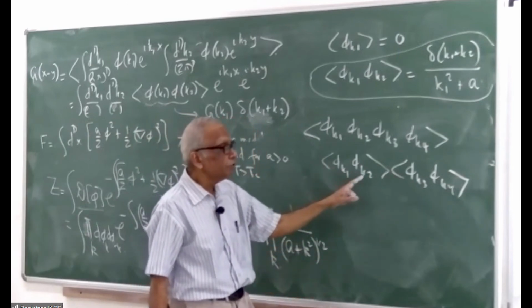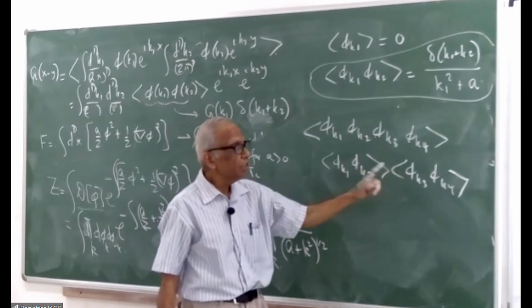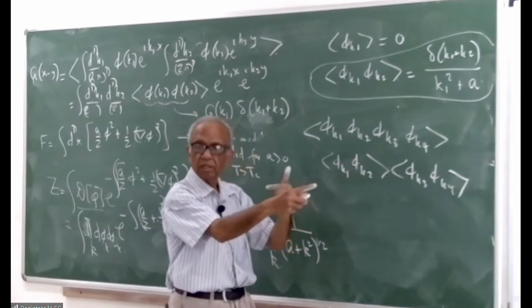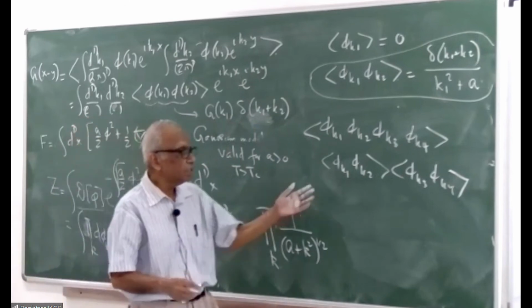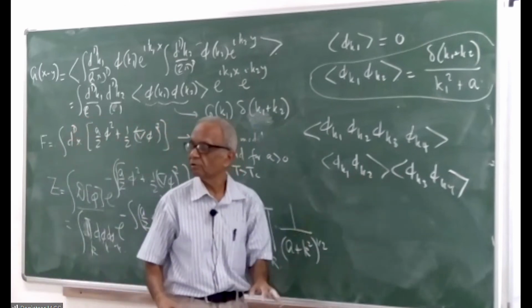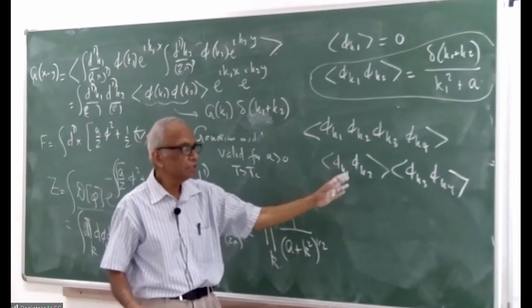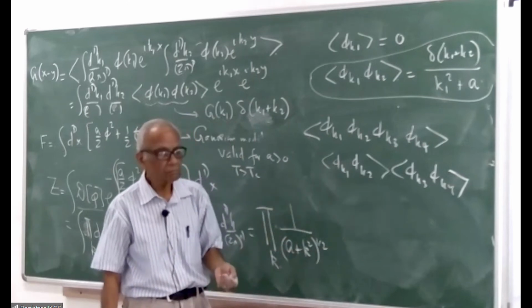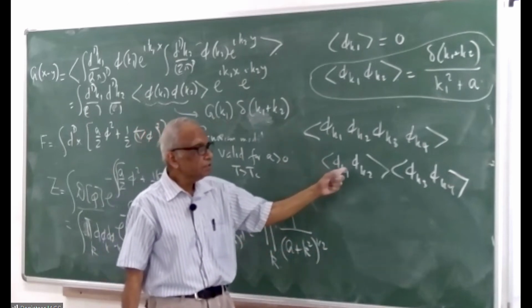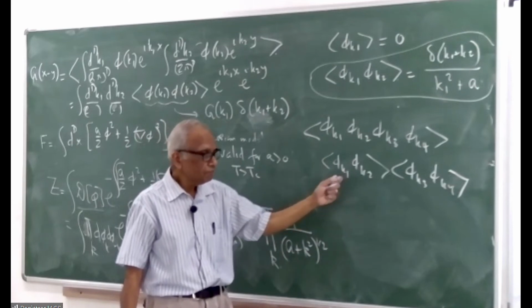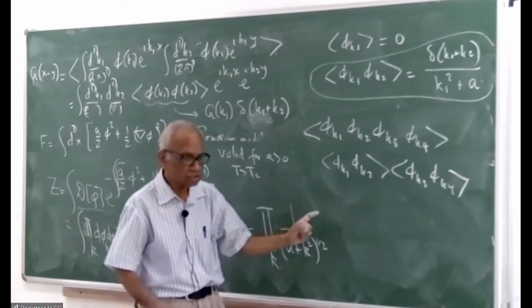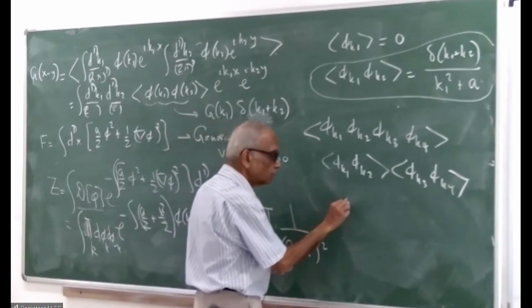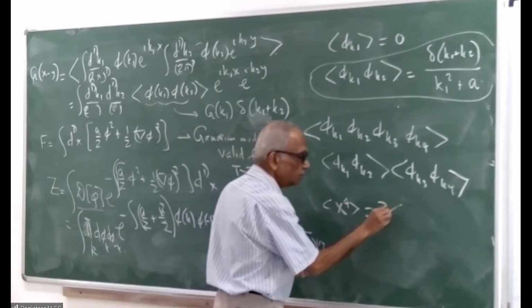And it would not be 1, but it would be a sum over all the pairings. You would get 1 and 3 with 2 and 4, 1 and 2 with 3 and 4. So you get 3 of them: phi k1 phi k2, phi k1 phi k3, and so on, which is the analog of the Gaussian case.